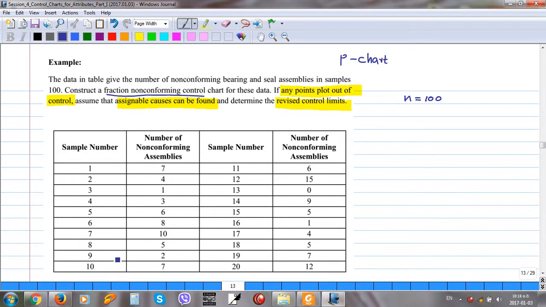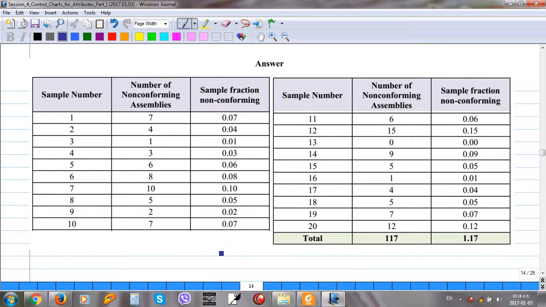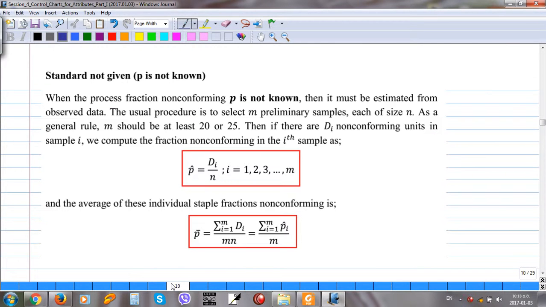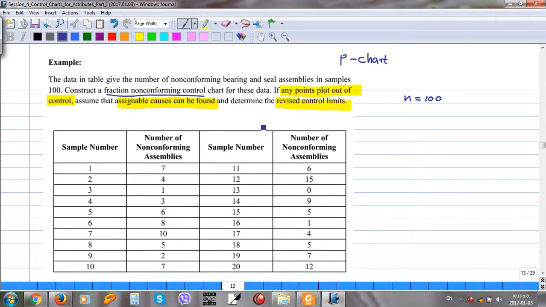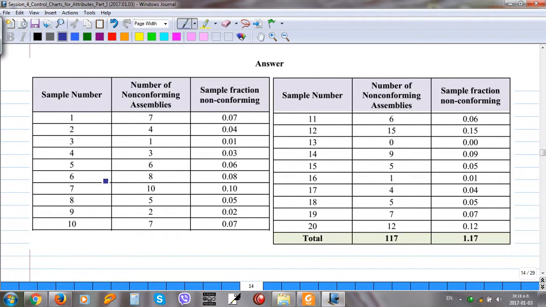Now you have to find the sample fraction non-conforming, which we can find using this equation: p hat i equals d i over n.